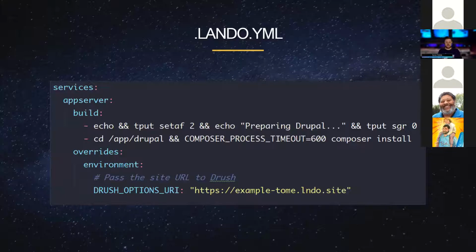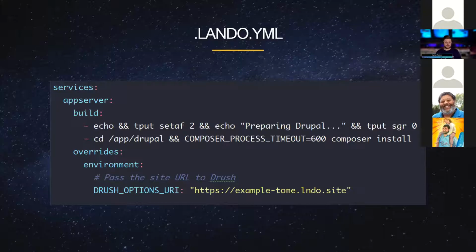Also in our Lando YAML, we have our services definition. So services are, when you use the Drupal 8 recipe, like I said, it puts the same defaults in there. It creates an app server service, which will have, I believe, PHP 7.3, as I said, the right versions of the various systems that need to be running for Drupal to work.